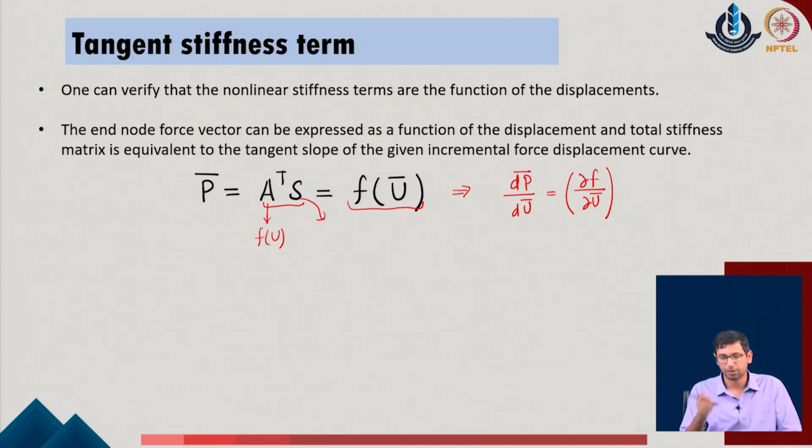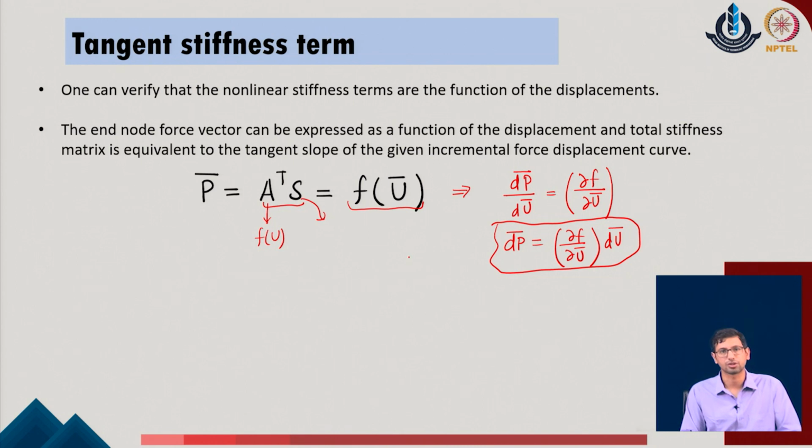So, if this parameter is identified, at any point we can consider that d of p bar is equal to del f upon del u bar into du bar. As a generalized expression, I can bring the relationship in this manner.